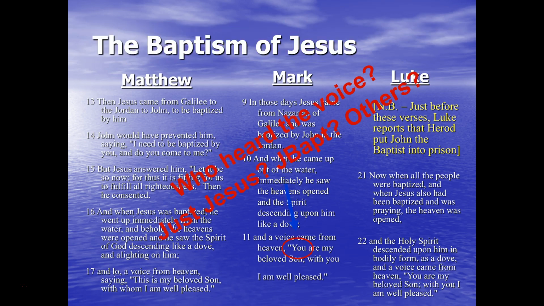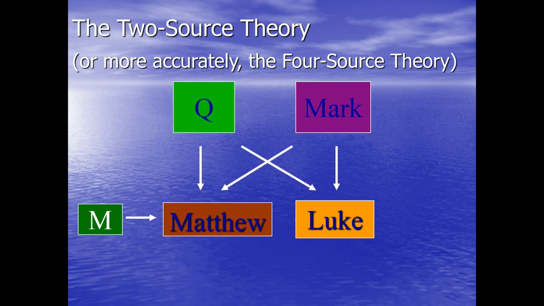The key is this chart here, where you can see that Mark, which is assumed to have been written around 68 CE, or maybe shortly after that, is mainly a document reporting the actions of Jesus.